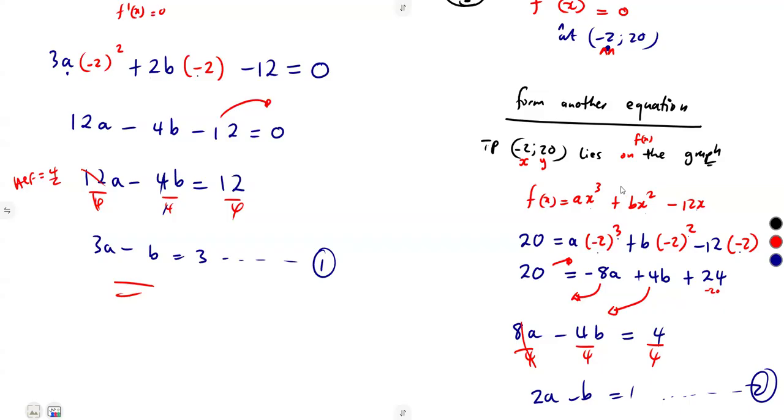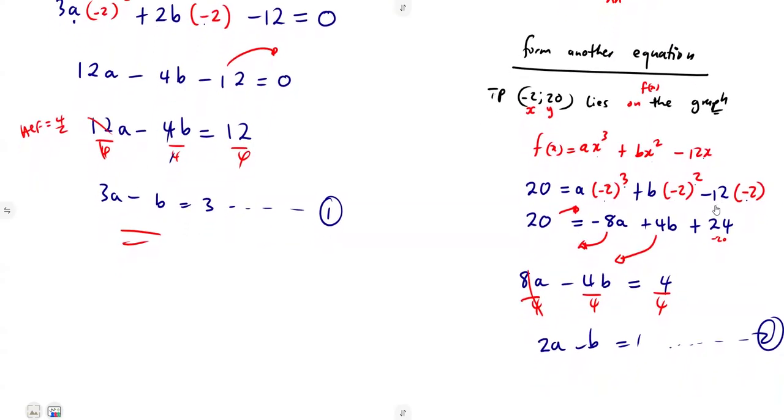Its property, again, is that it is a point found on f of x. So it must maintain those properties: if you consider that it lies on the graph, for the value of x when it is negative 2, y is supposed to be equal to 20.